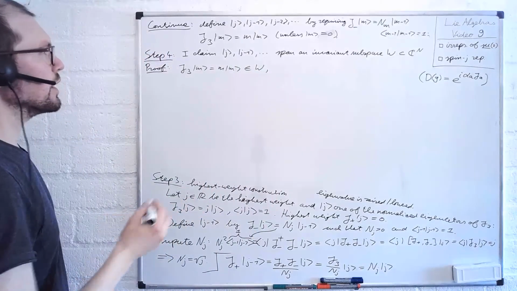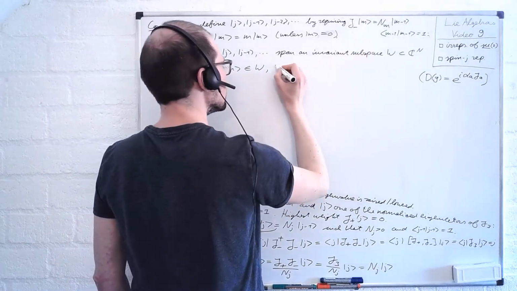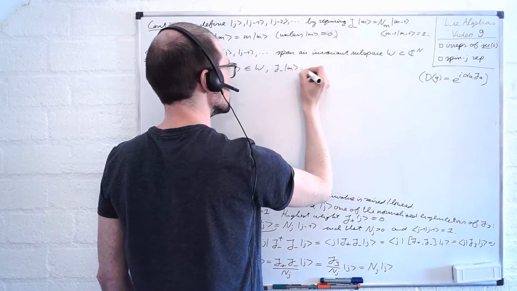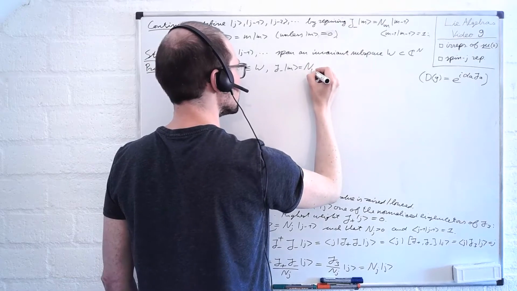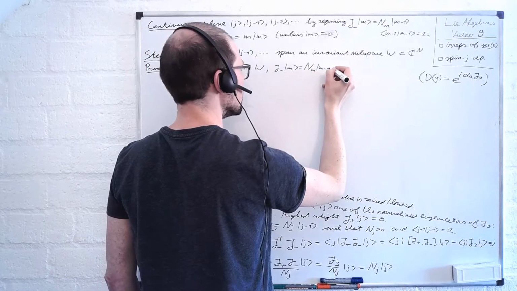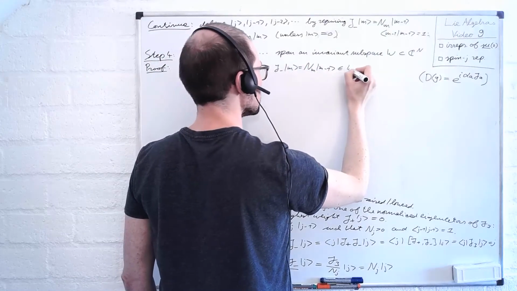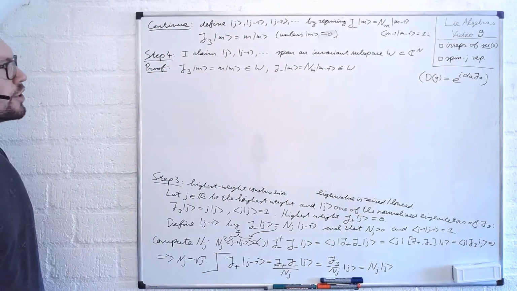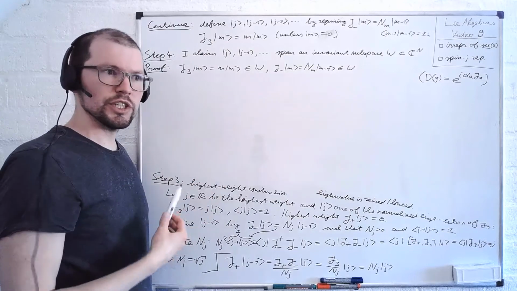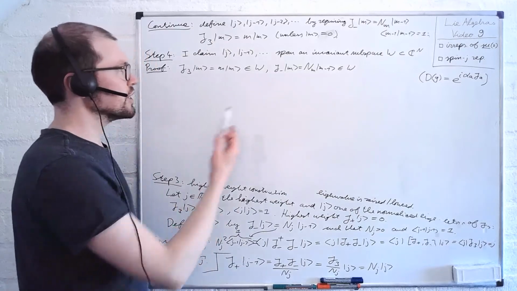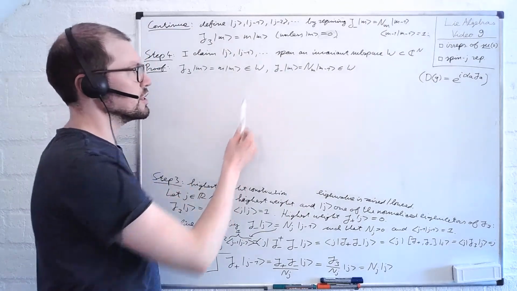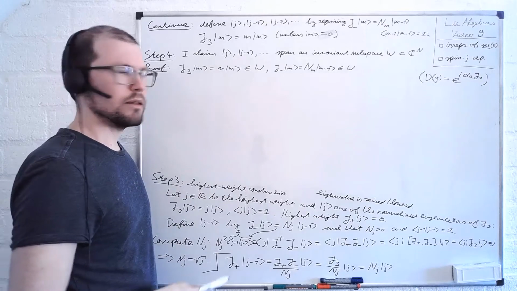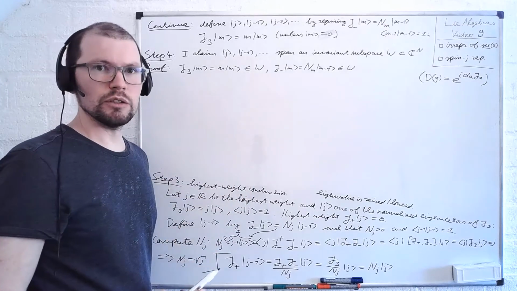And also by construction, J minus acting on m is going to be in this subspace. So the only non-trivial thing we have to check is that when you act with the raising operator on one of these basis states, it's again a linear combination of these basis states.